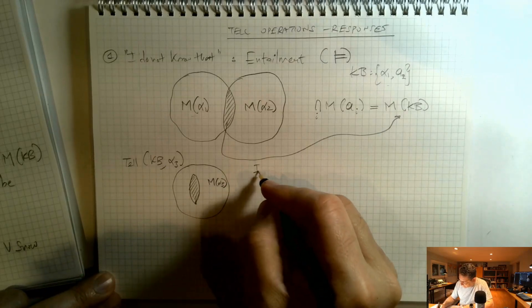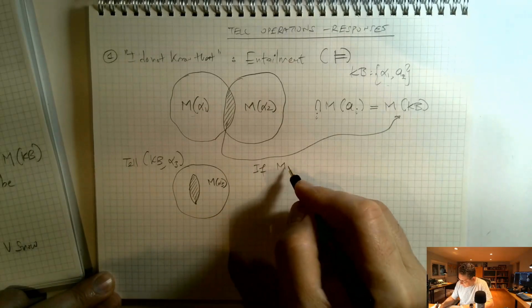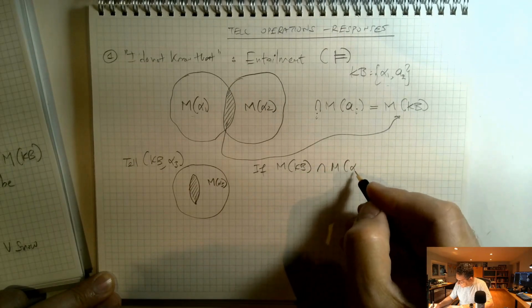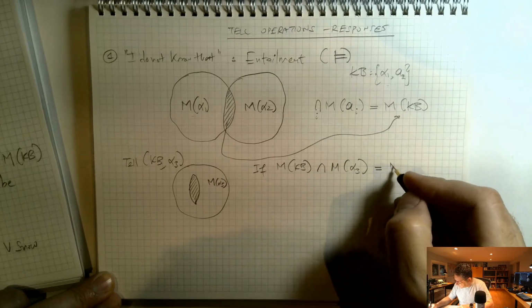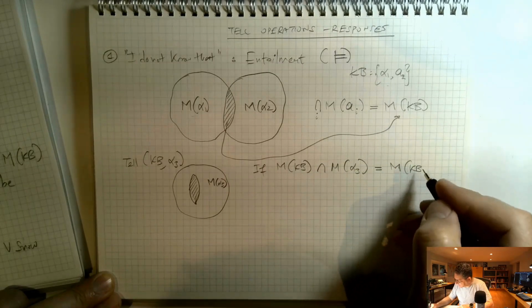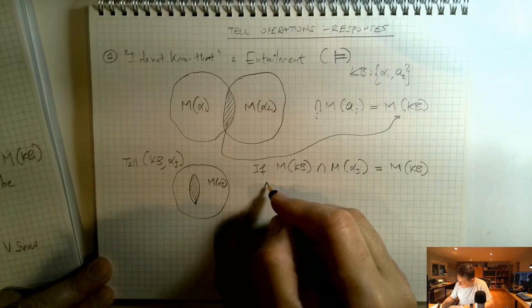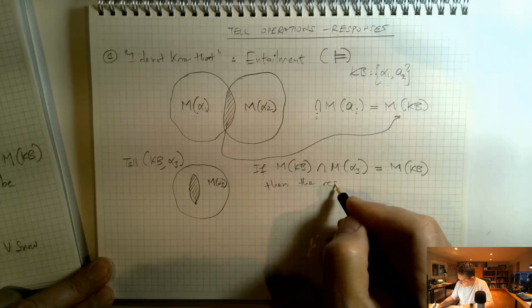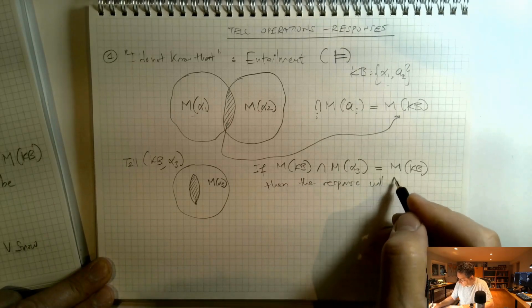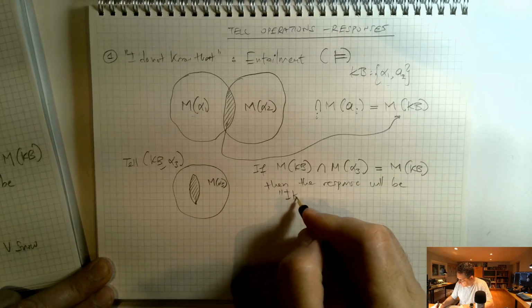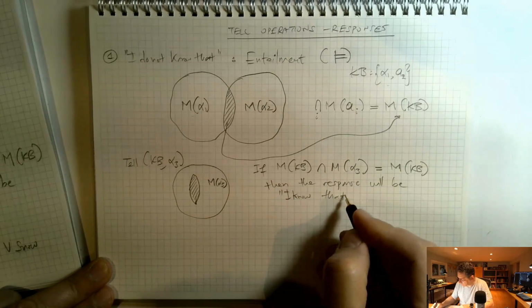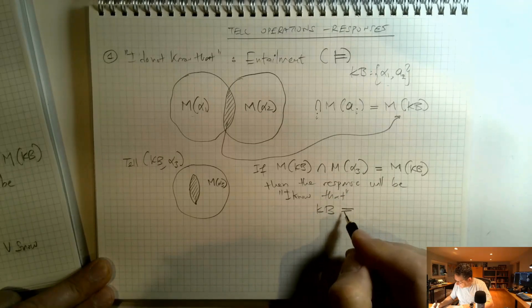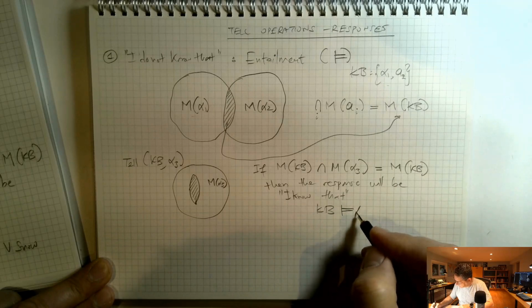If the intersection of the set of models of the knowledge base and the set of models of A3 does not change the set of models satisfied by the knowledge base, then the response will be, I knew that, and therefore we write that the knowledge base entails A3.